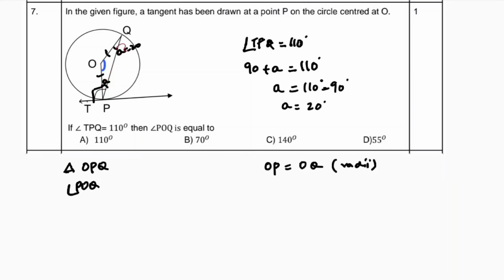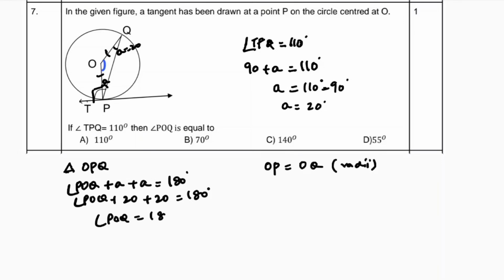The other angle is A, the third angle is also A. So POQ plus A plus A equals 180. A is 20, again A is 20, so that is 40. So 180 minus 40, angle POQ is 140 degrees. So the correct option is C.